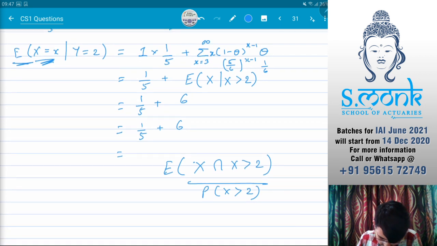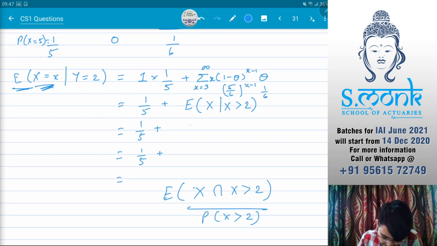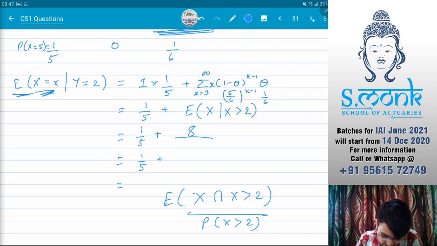Okay, so it's going to be, okay, now I get it. I think it will be 8 divided by the probability of x greater than 2. Probability of x greater than 2 is going to be (1 minus theta) raised to 2.